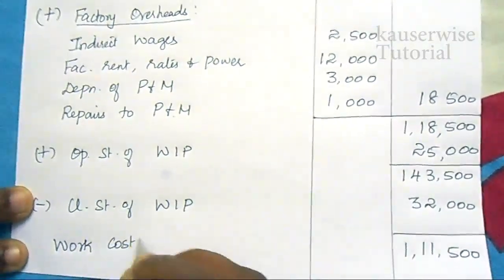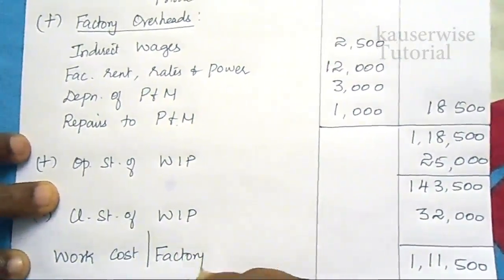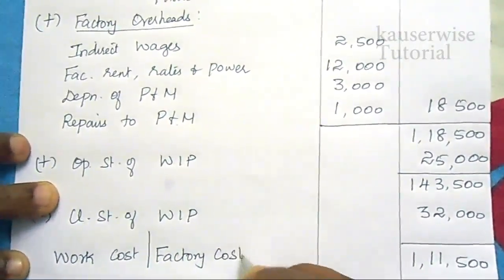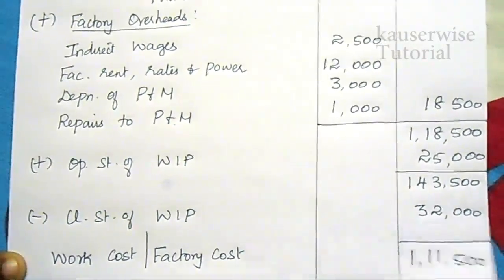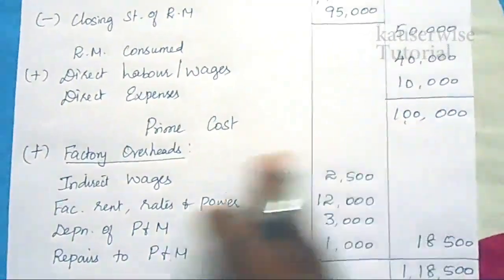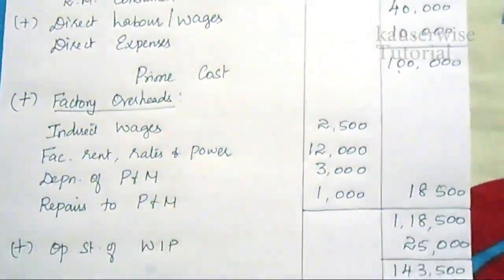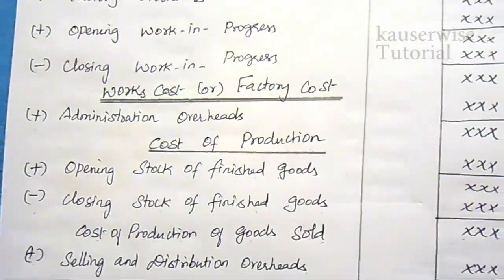This is called work cost, or factory cost, or manufacturing cost. So 1,11,500 is the work cost. After finding prime cost, we need to add factory overheads in order to find out the work cost or factory cost. Look at the format.